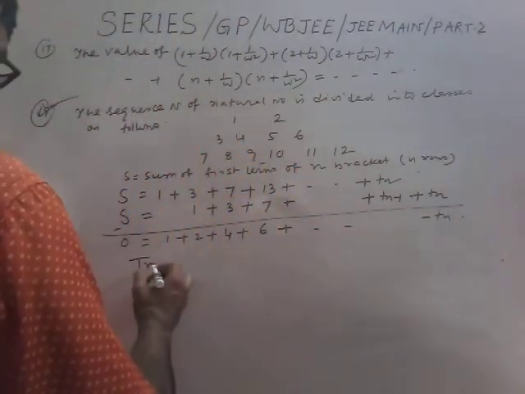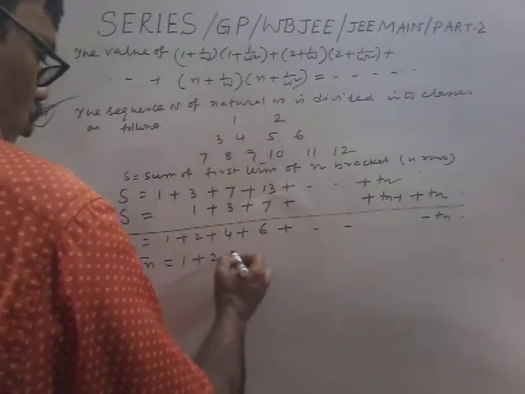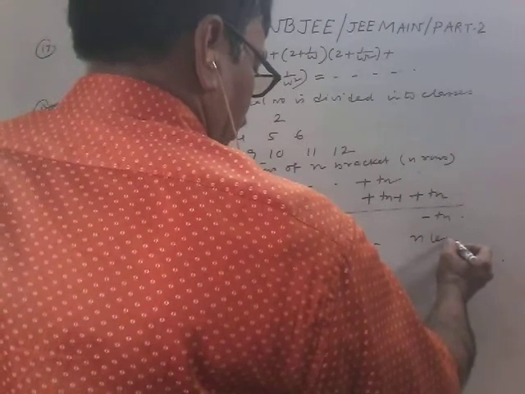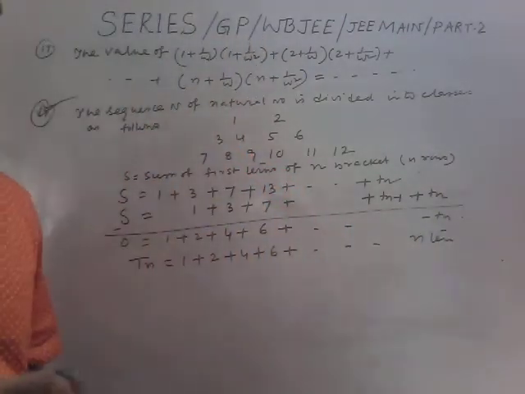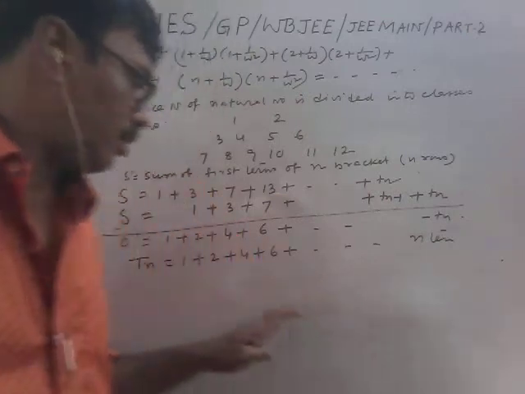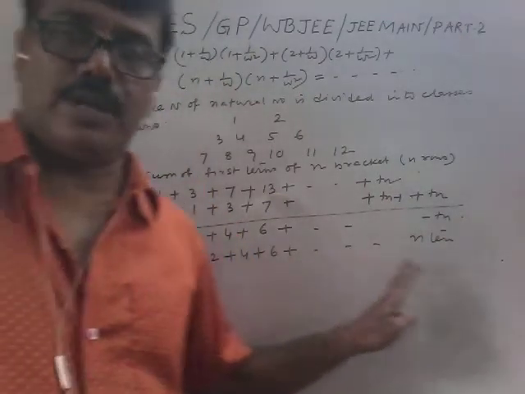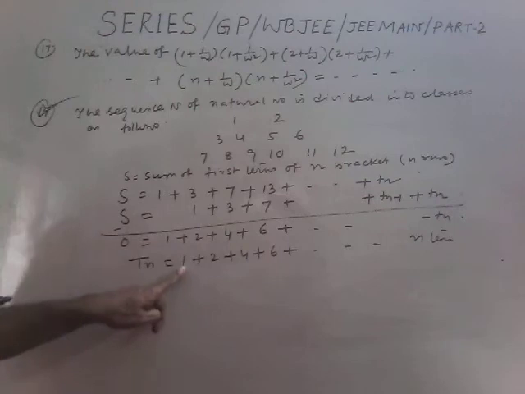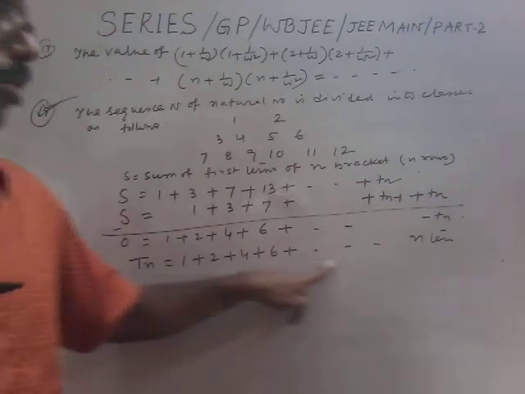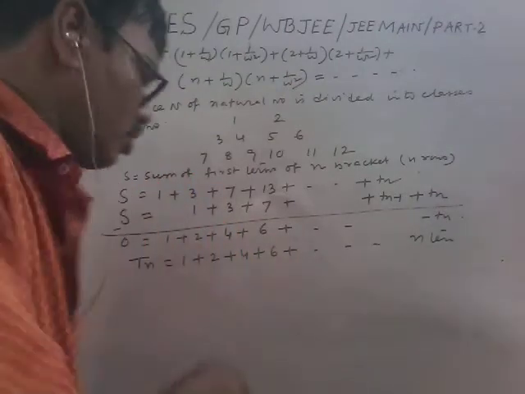So what is Tn? 1, 2, 4, 6, dot dot n terms. So they are not in AP, not in GP, but the differences form an AP. Look, if we do not consider 1, they form an AP series.